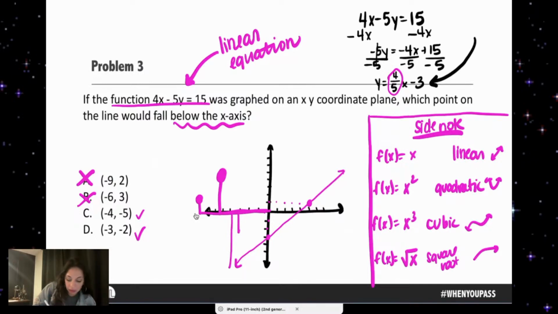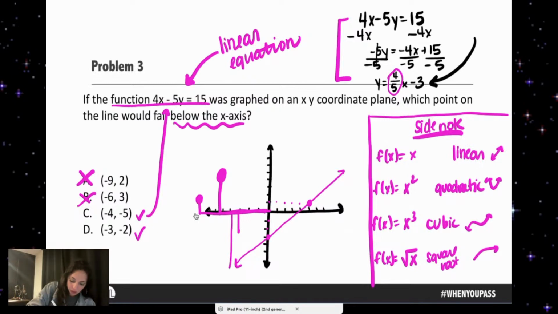I could plug these points back in and solve. And now graphing it and doing all of this work actually just became useless. Let's go ahead and do that.